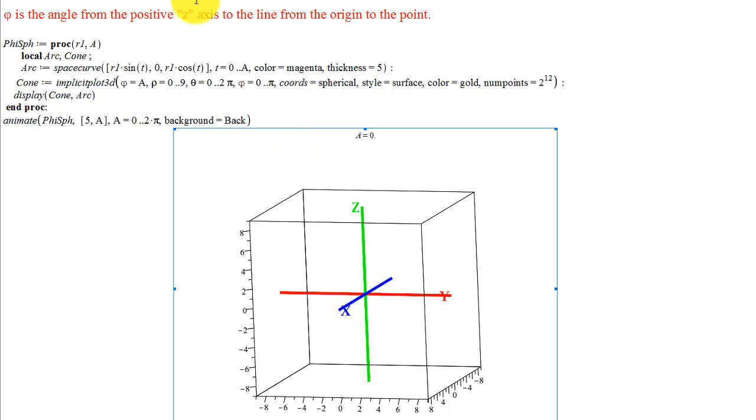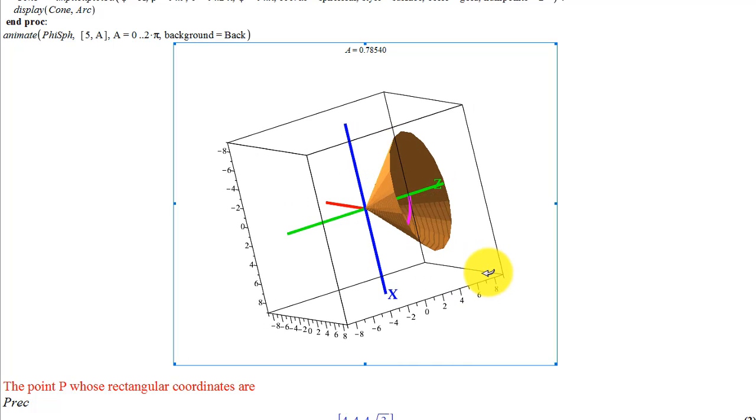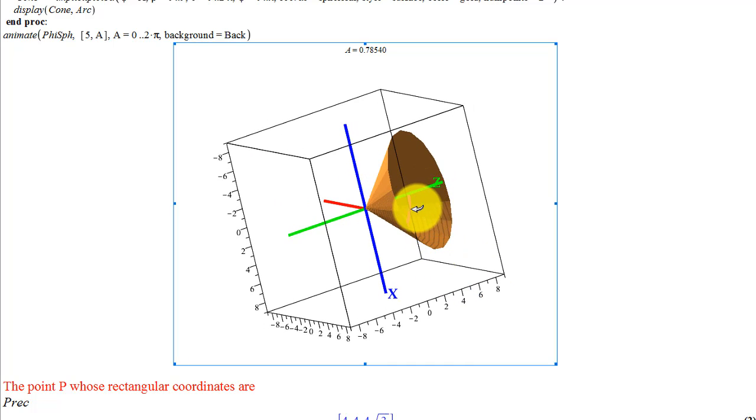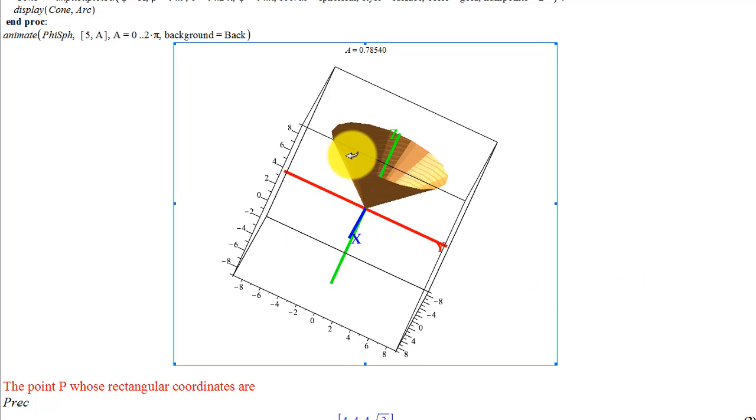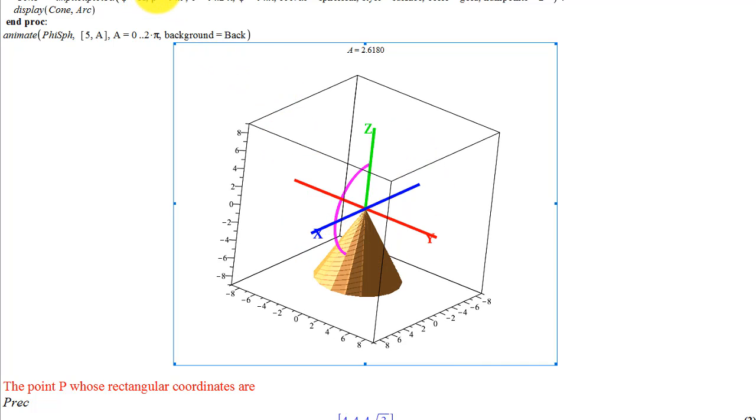Well, we can think about that as being like a cone, and the angle is from the positive z-axis down to the line that goes through the origin and the point. So it's the angle down from the positive z-axis. You can see that that angle would never go beyond 180 degrees.